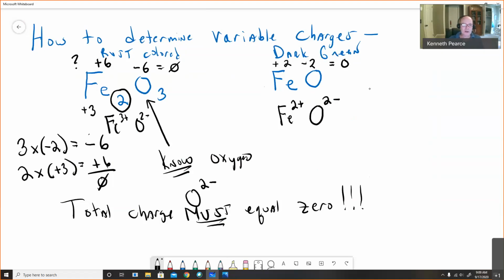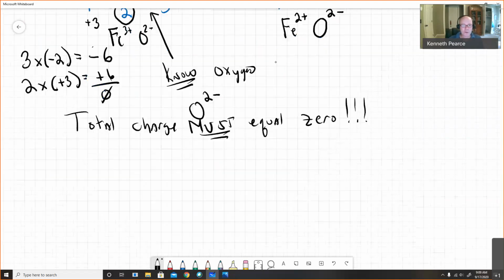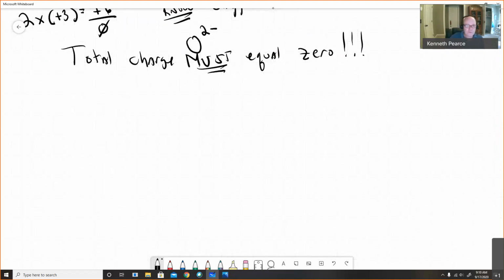Now, another way of looking at this, if you want to really think about this, is if you have 2 different numbers, such as this, the numbers themselves, the subscripts, which tell you how many irons and how many oxygens you have, came from crossing the charges.